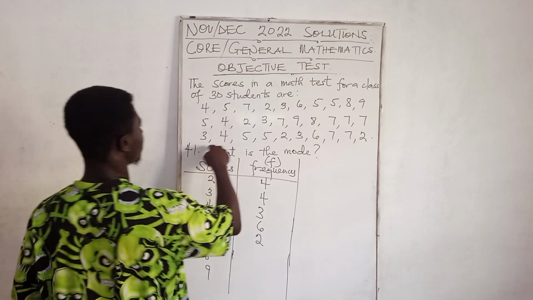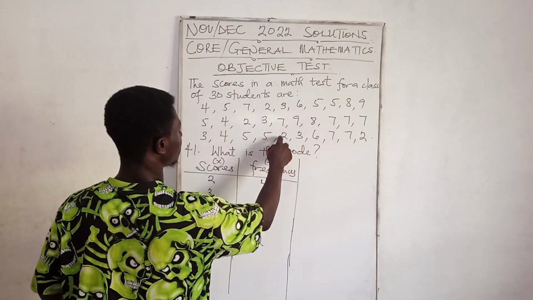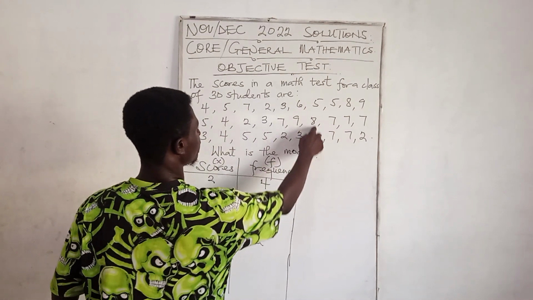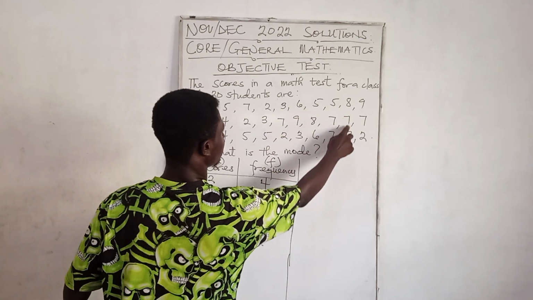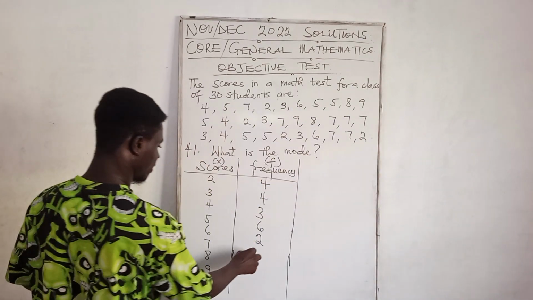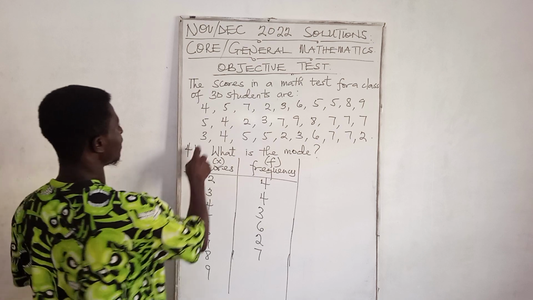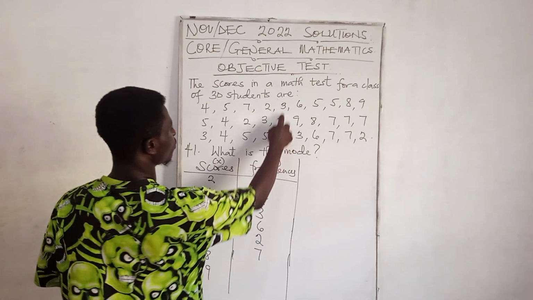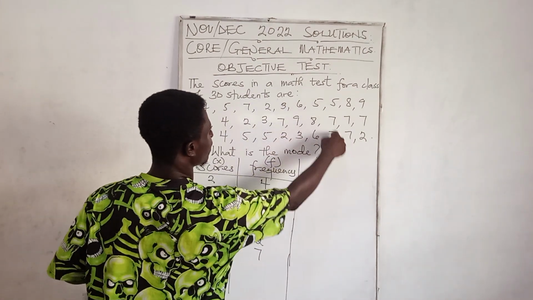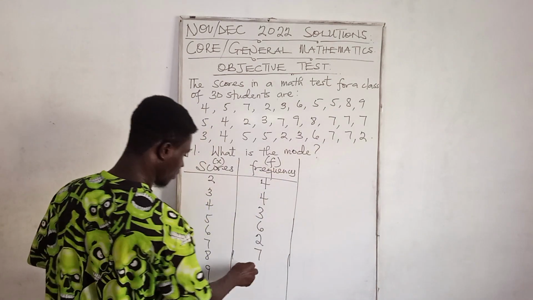Let's see for 7: 1, 2, 3, 4, 5, 6, 7. So we have 7. Let's see for 8: 1, 2. So for 8 we have 2.